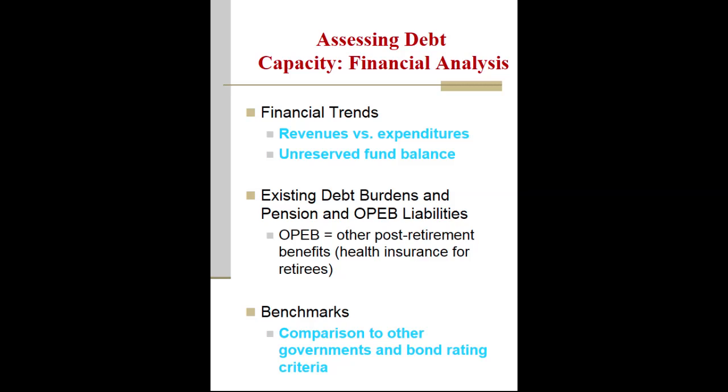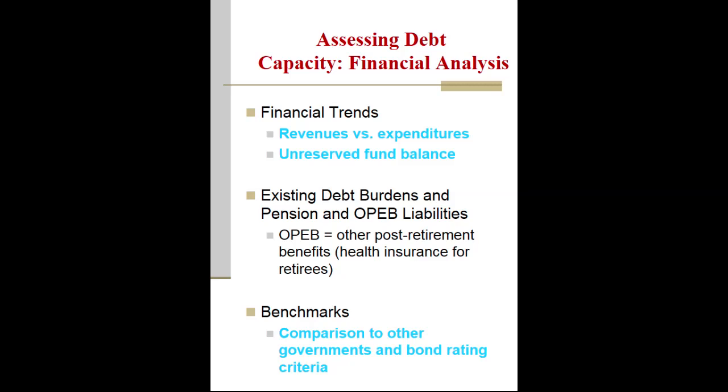Also, as we'll discuss, bond rating companies like to see unreserved fund balances, funds that are available in case there's an economic downturn or natural disaster or some other unforeseen occurrence. And so, to the extent that the government has very little unreserved fund balance, that also may mean the government's going to have trouble supporting debt and getting good bond ratings.